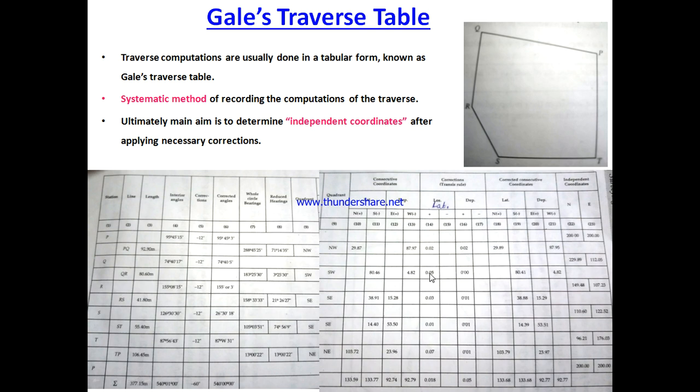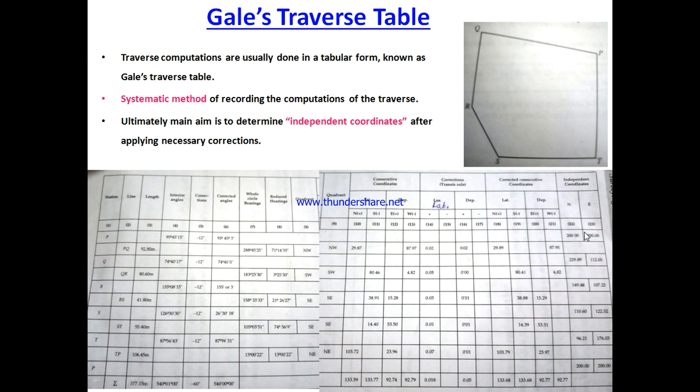So 80.46 minus 0.05, you get 80.41. In the similar manner, you can calculate the value of latitude and the value of departure, both for easting, westing and northing, southing. So in this manner we will get the corrected consecutive coordinates.